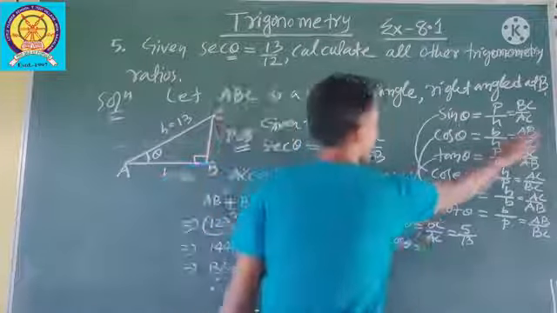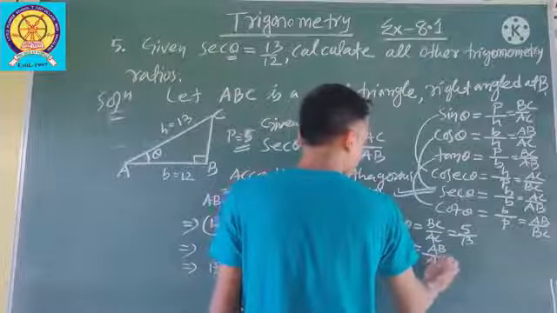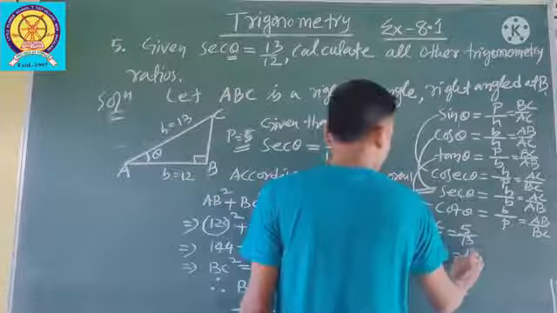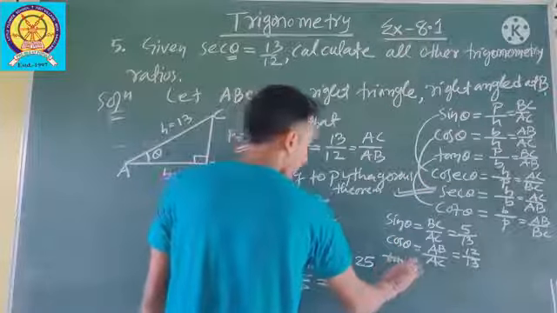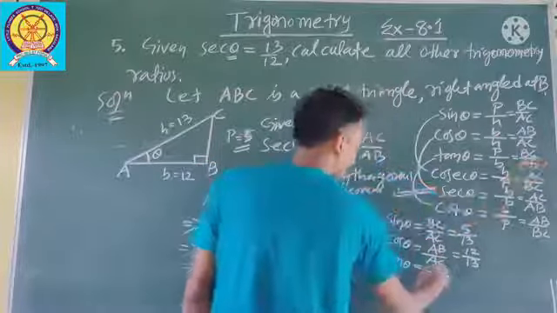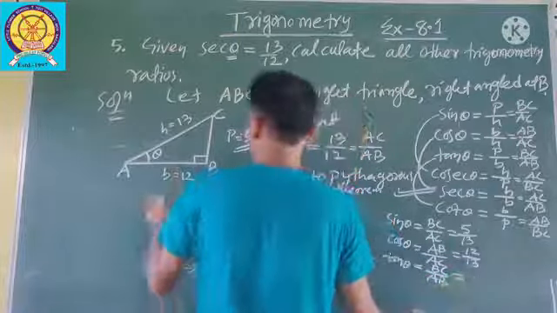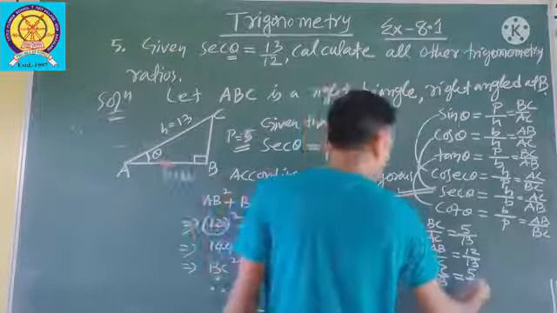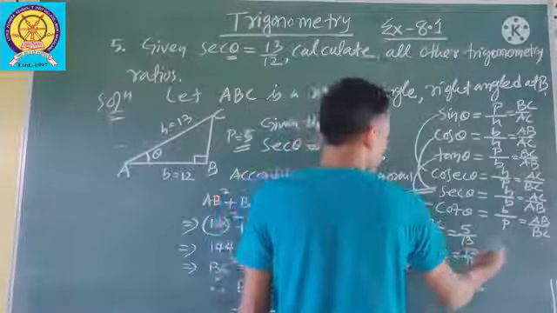So cos theta is AB by AC. AB we have 12, AC is 13. Then tan theta is BC by AB. BC is 5, AB 12.